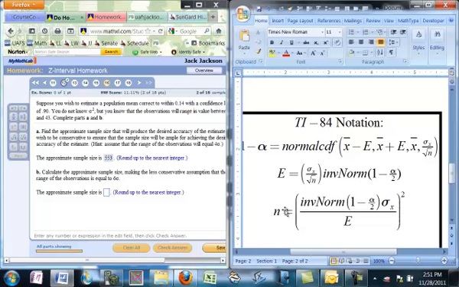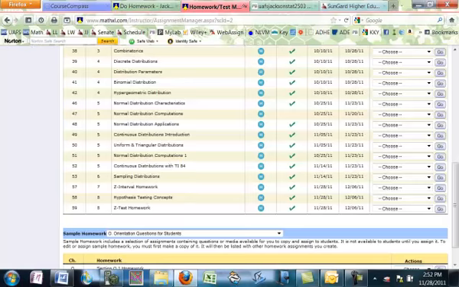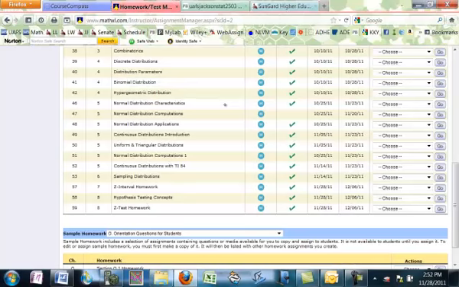Okay. Now let's keep going here and take a look at how we can use the calculator to do some hypothesis testing. So let me go back to our homework here for some more examples. Let me get out of that altogether and go to some homework.